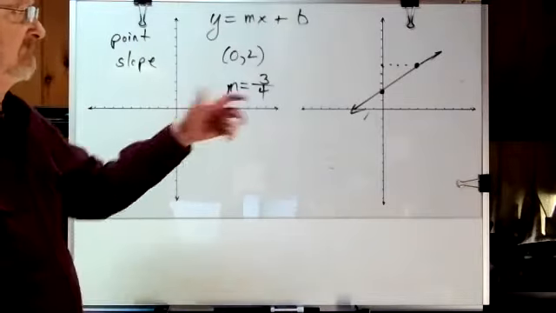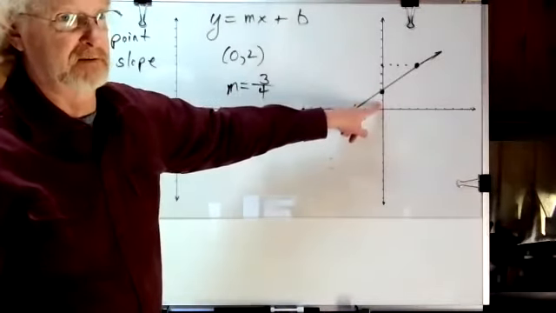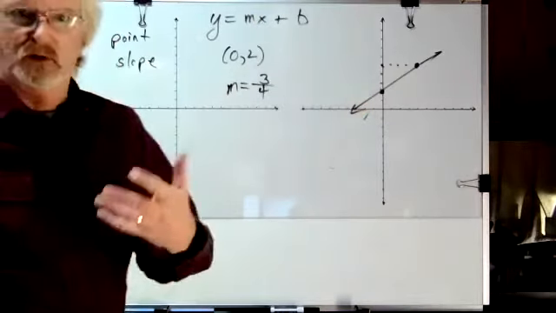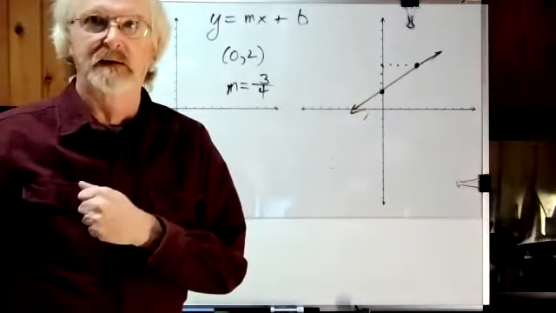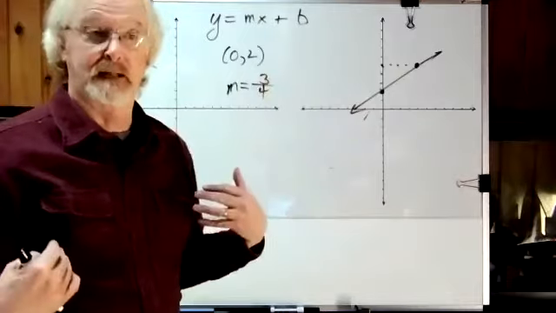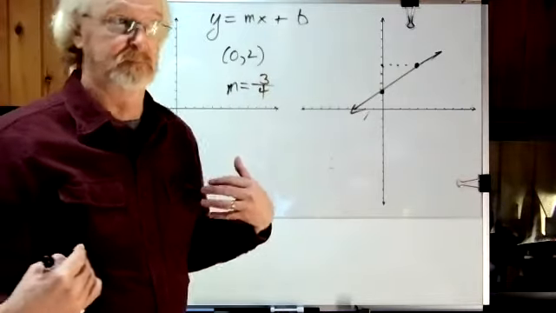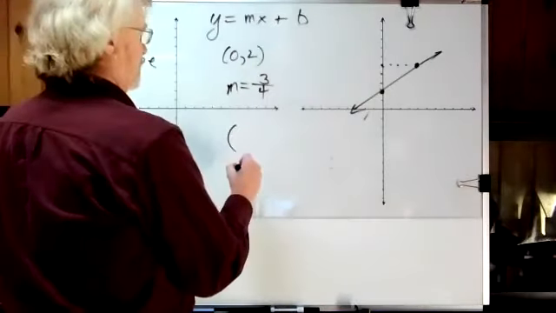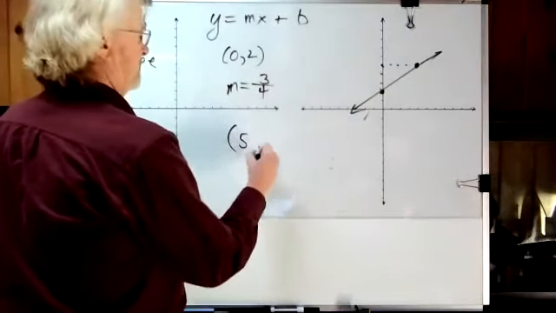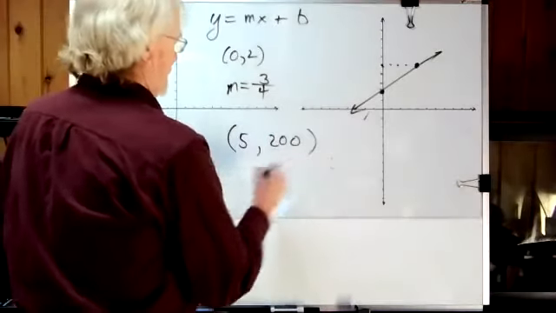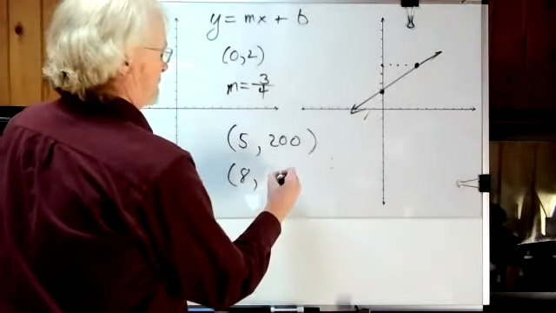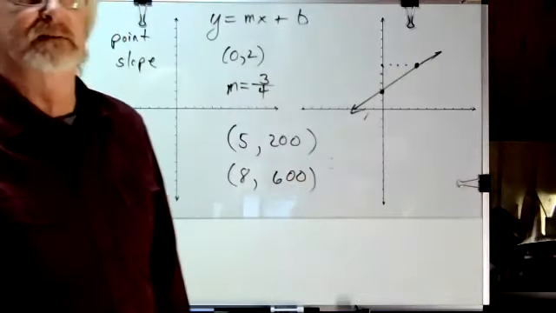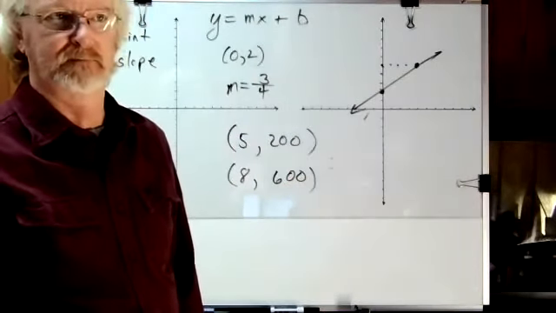Now, if it's not the y-intercept, right? If you're reading your graph, like some word problems that I think maybe you were asked to deal with, were really kind of like the last problem I just did. When he makes 5, it costs $200, and when he makes 8, it costs $600. Find the equation of that line.